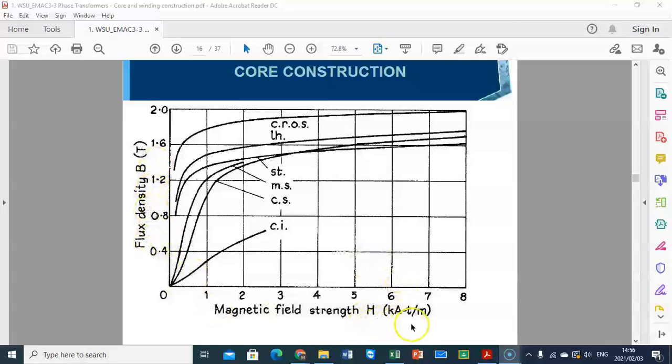So as we increase the current, H is going to be increased, and as a result, the flux is going to increase. Therefore, the flux density is going to increase. But after some while, it's going to be saturated.